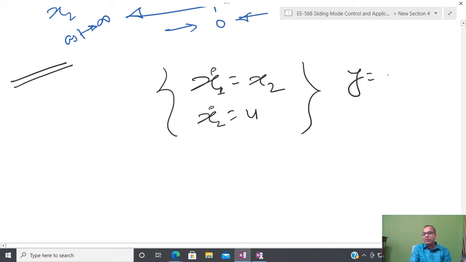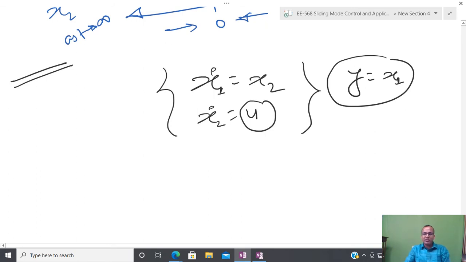Suppose I have information of x1 and information of control, because whenever we talk about control, we assume that control is known to us for all t greater than or equal to t0, or whenever you start your experiment. So now the question is, using x1 information and u information, is it possible to estimate the information of x2.